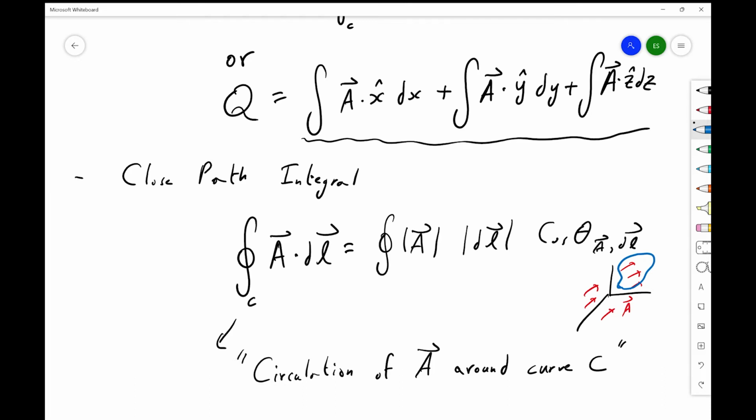So when I do this calculation, this is called the circulation of A across curve C.